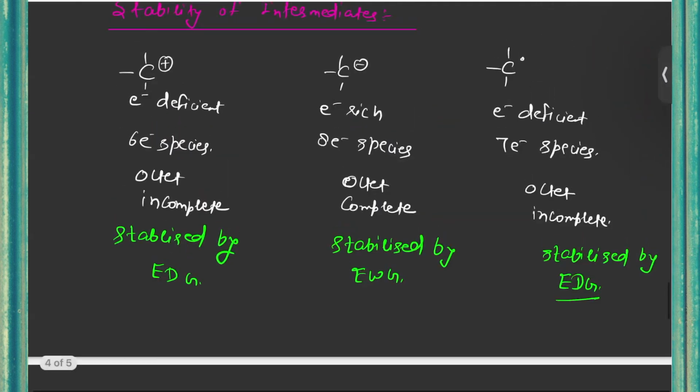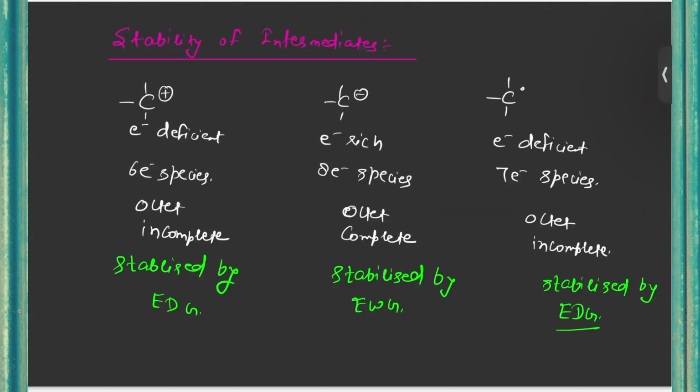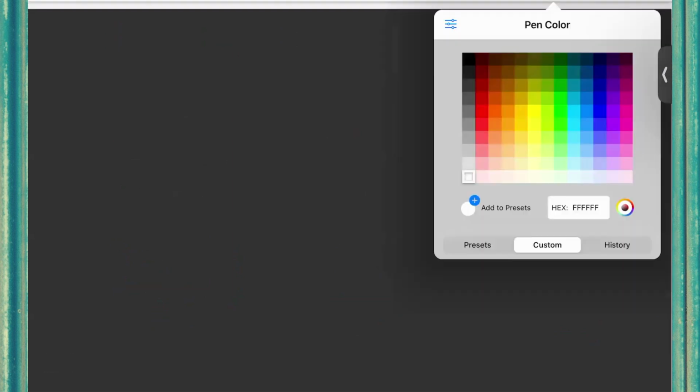So now we will see how it becomes stable. Suppose we are having some cases: carbocation, carbocation, carbocation.